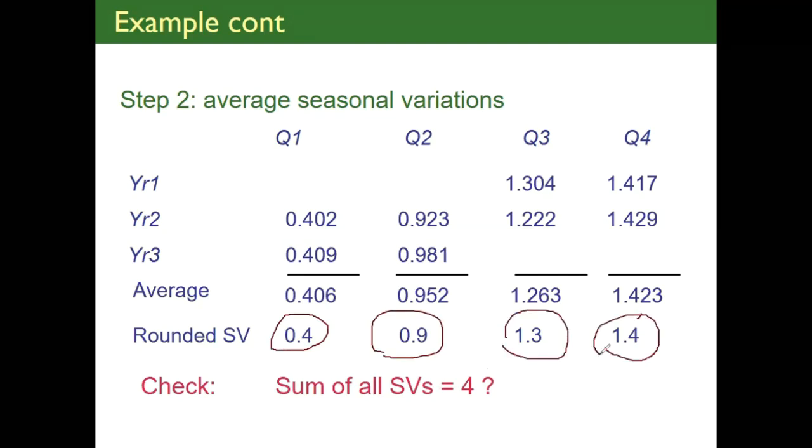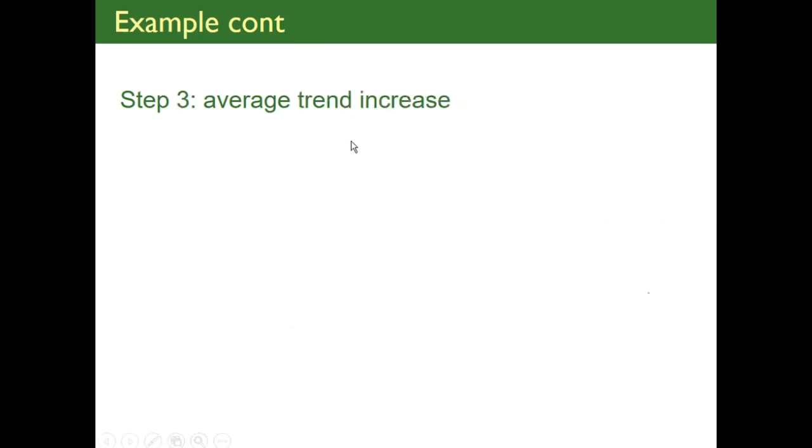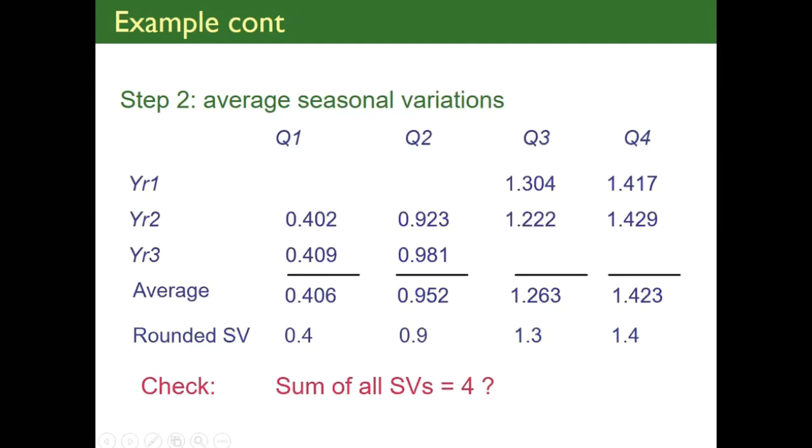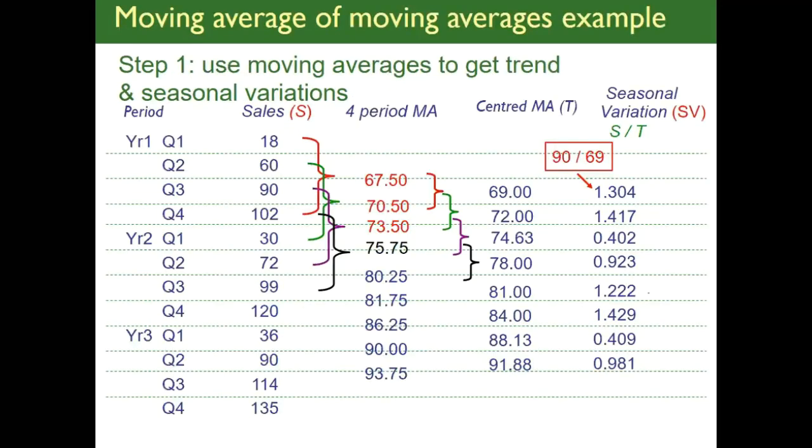We can move further. But before we move forward, what we need to see is the average trend increase. What does that mean? If I go back to the data, you see that your trend value is also increasing from 69 to 72, from 72 to 74, 78 to 81, and so on. So how many quarters are there? 1, 2, 3, 4, 5, 6, 7, 8.